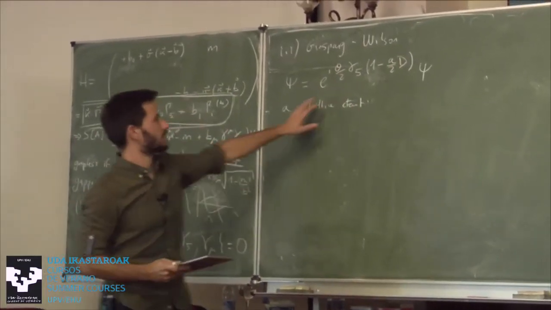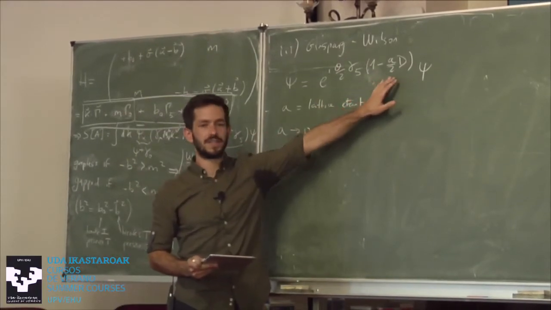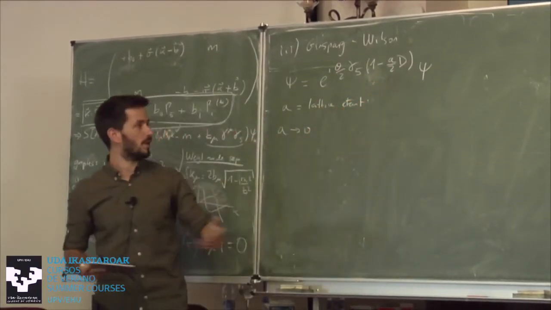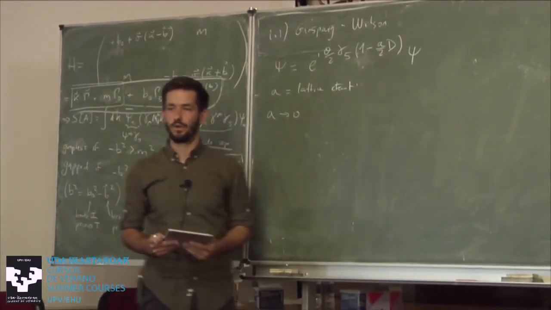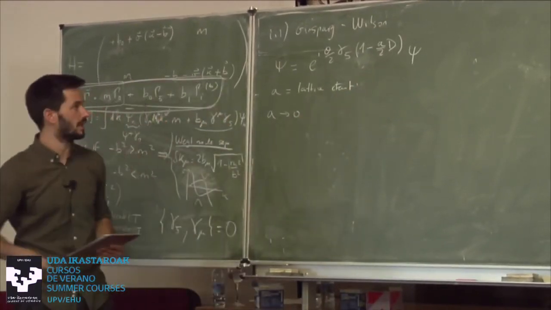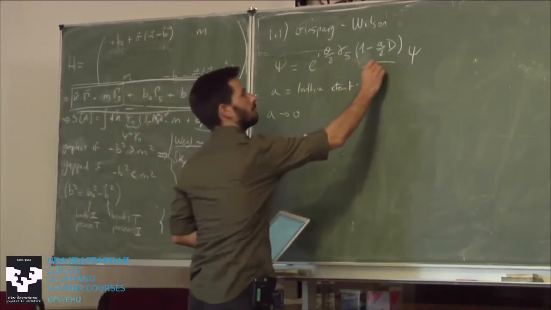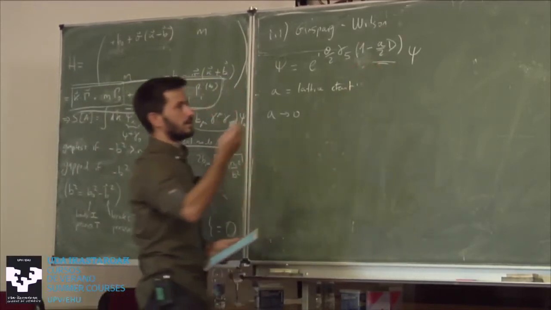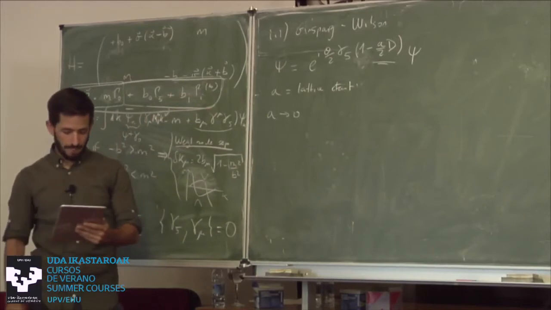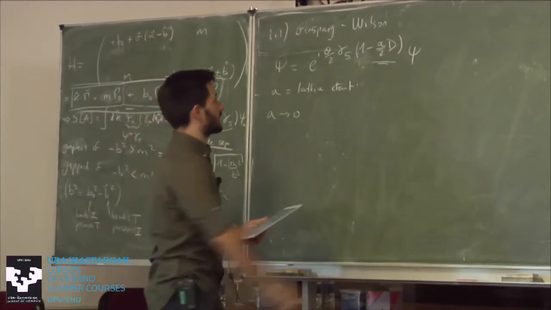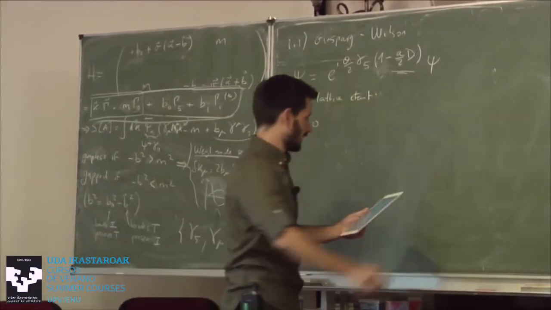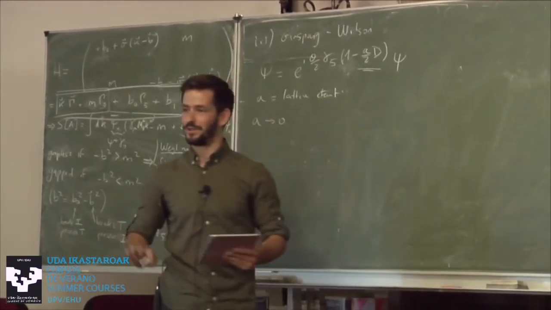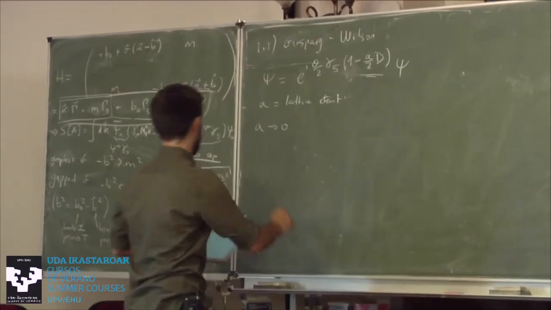What one could expect from this generalization is that chiral symmetry is broken, but only to first order in the lattice constant. So lattice corrections would break chiral symmetry, but only at order A. I haven't defined this D, but it's some sort of operator, and I will never define it because it's quite a complicated one.